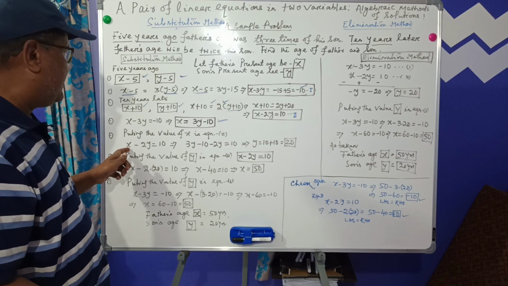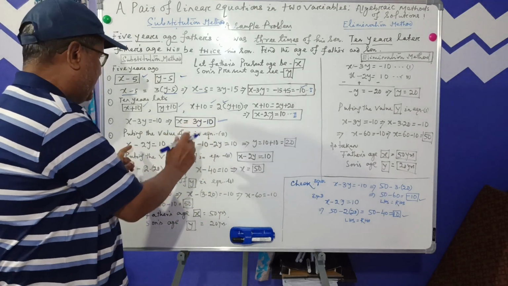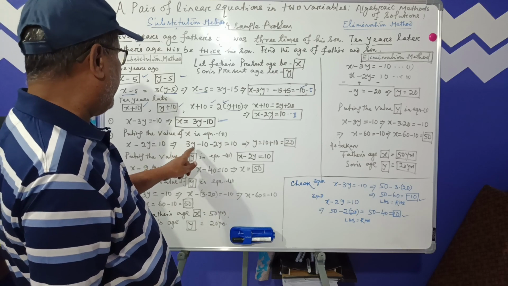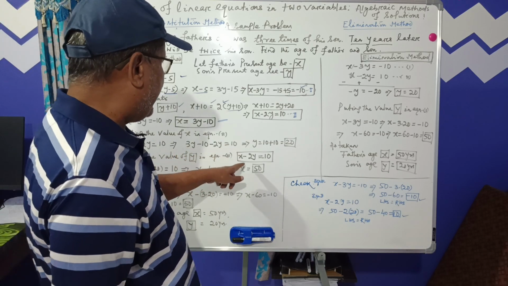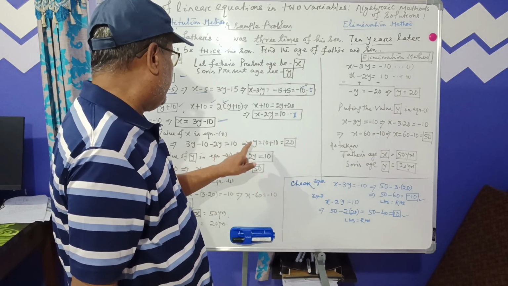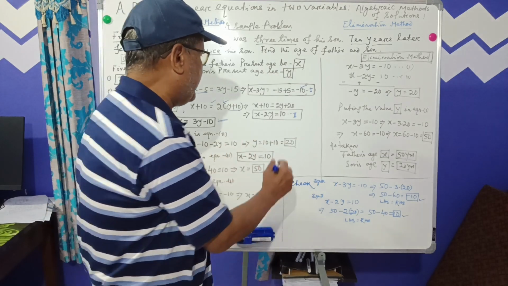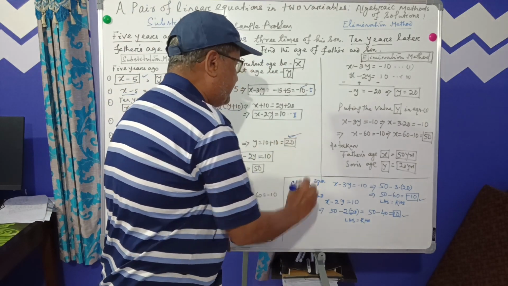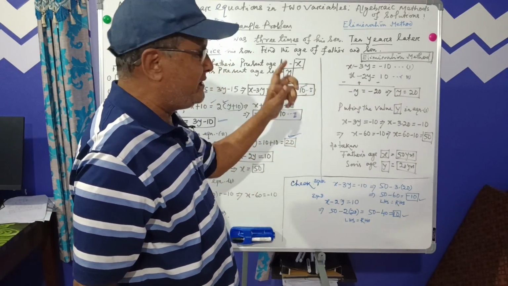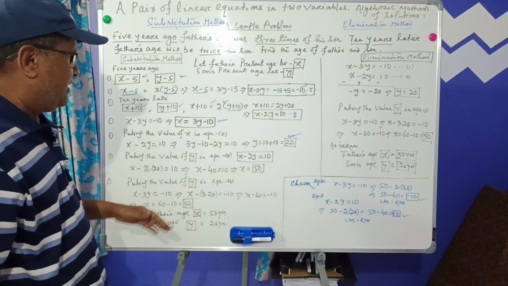So x is replaced by this, and we get 3y minus 10 minus 2y. That implies 3y minus 2y is y, so y is equal to 10 plus 10, which is 20. So we have actually got y, 20.